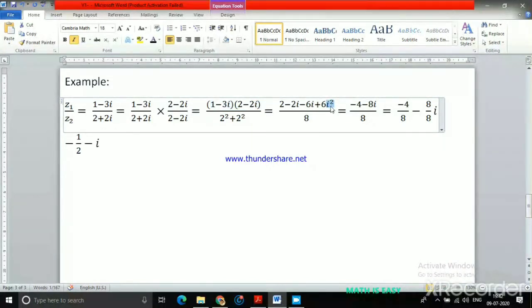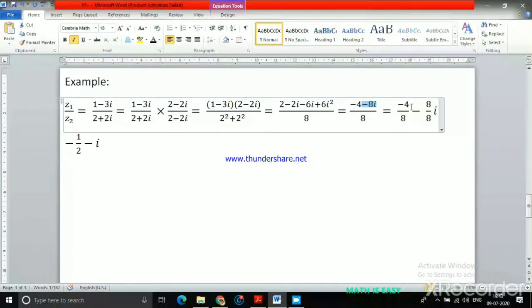This i square value is going to be minus 1. Minus 1 into 6 is minus 6. So instead of plus 6 i square, I'll get minus 6. So 2 minus 6 is going to be minus 4. Minus 2i minus 6i is going to be minus 8i, upon 8.